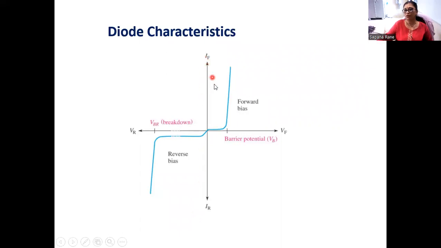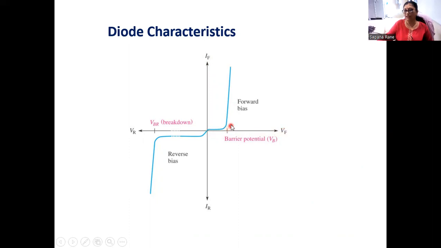Now, you can observe the diode characteristic. The forward characteristic is present in the first quadrant, whereas the reverse characteristic is present in the third quadrant. So, the forward characteristic is a graph of forward current versus forward voltage.